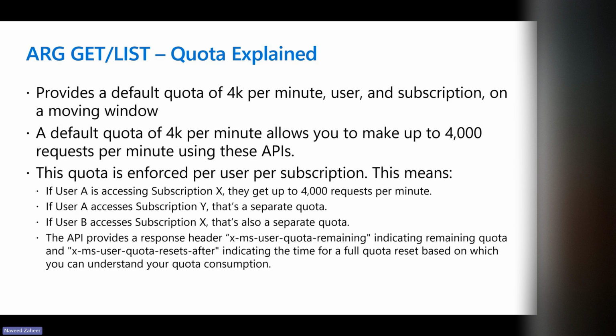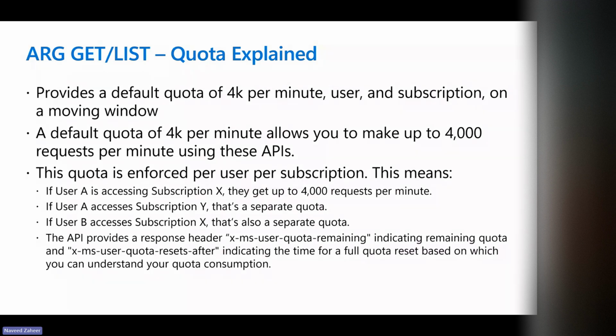It also has a header. When you make this call, you get this header back in the response, which tells you how many calls are remaining. If you have the quota full, it is 4,000, and you're making these calls, one, two, three, four.